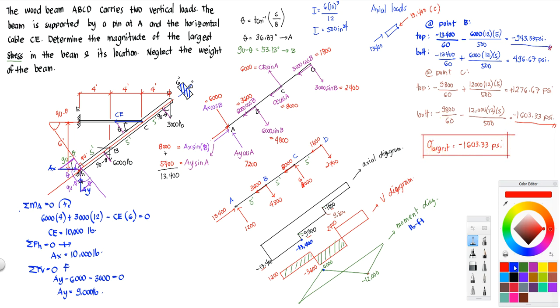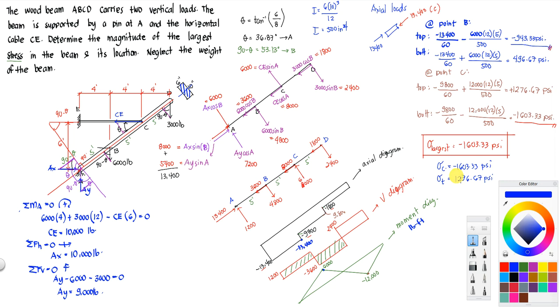Okay? Pero again, kapag ang tanong, compression, ang largest na compression ko is negative 1,603.33 psi. And then if tanong is in tension, ang largest ko is 1,276.67 psi. Okay? Depende sa tanong. So, ang tinanong lang naman is largest stress.